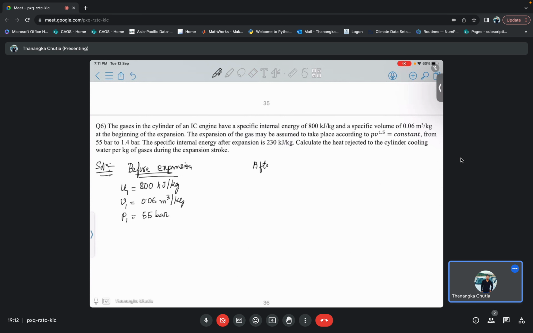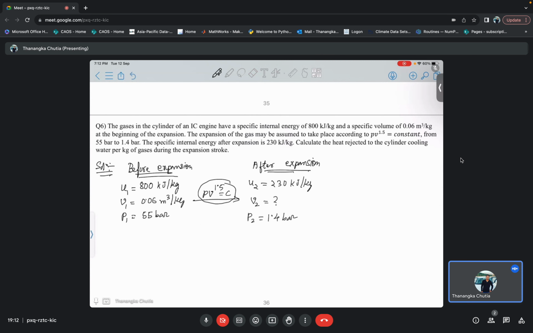After expansion, U2 is equal to 230 kilojoule per kg. V2 is not given, and P2 is equal to 1.4 bar. Now this expansion process takes place with PV to the power 1.5 equal to constant. So this is the process of expansion.